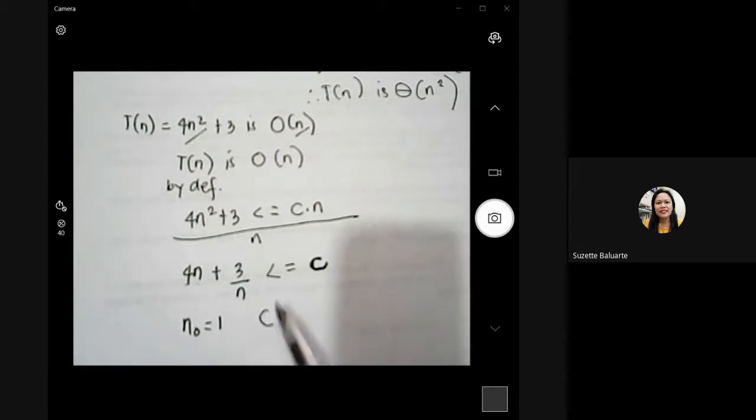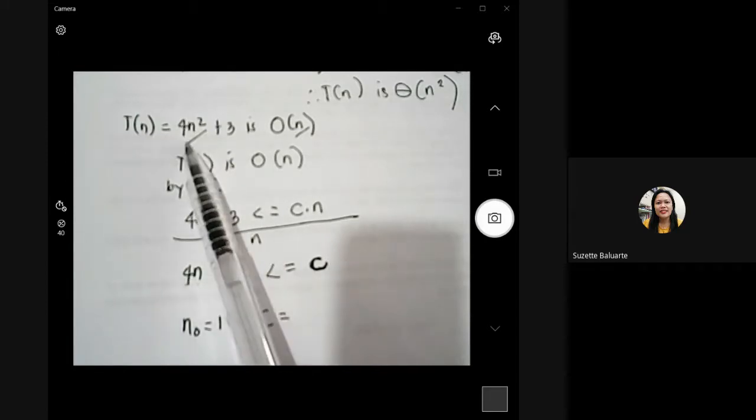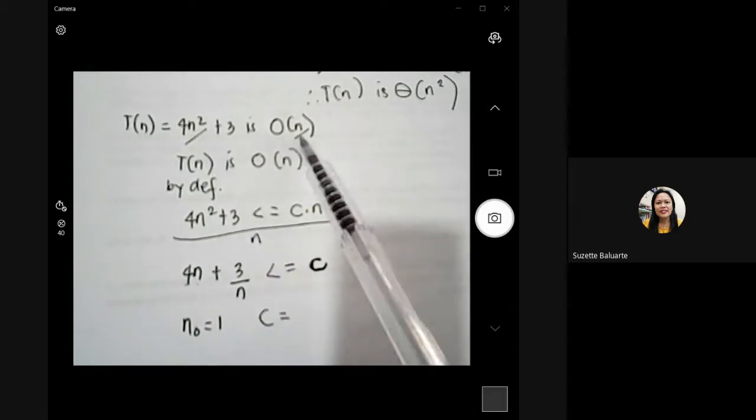So, it is impossible to find the value of your constant C for this example. No? So, you cannot satisfy the equation with this particular T of n. So, nakita ninyo ang diferensya nganong ako gina-emphasize, no?